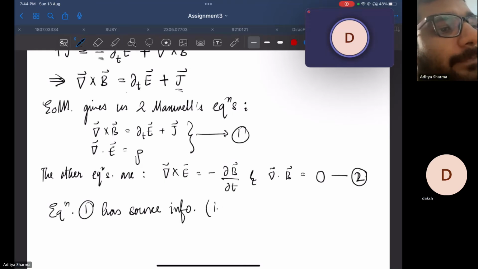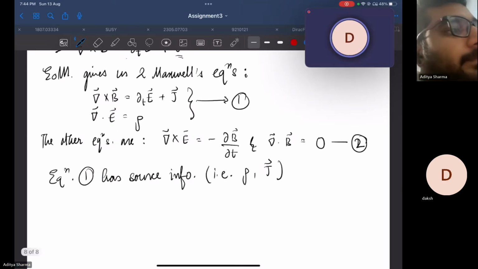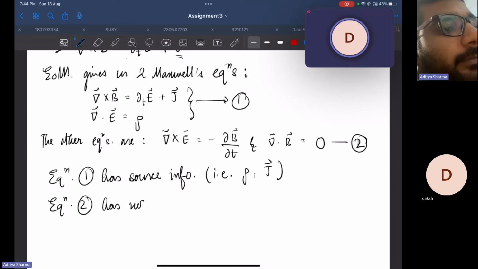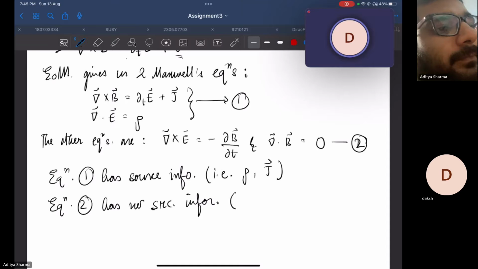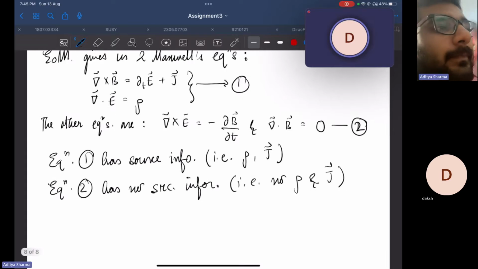That is, it has rho and j in its equation. Equation 2 has no source information. That is, no rho and j.